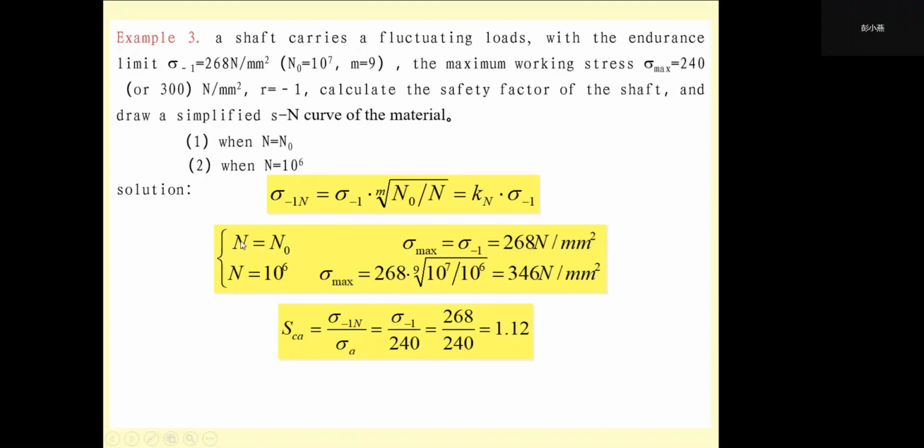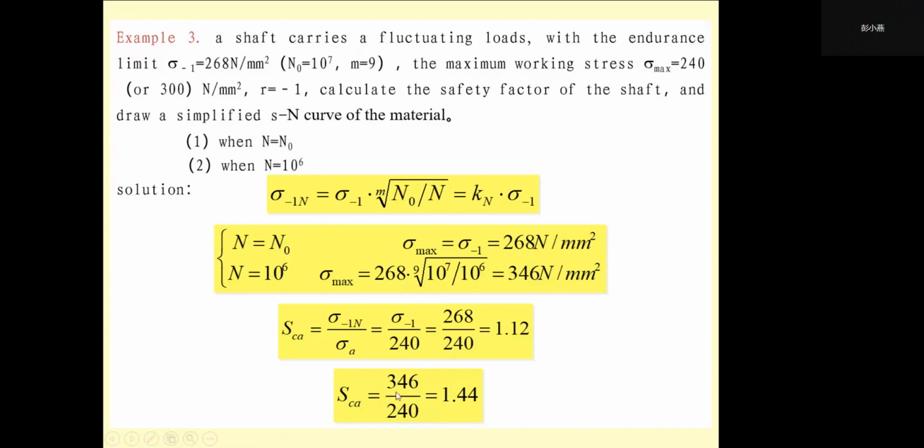This is when the cycle number N is N0. Okay, and when the cyclic number is the 6th power of 10, use this: sigma minus 1N is 346 over the maximum working stress 214, and the calculated safety factor is 1.44.